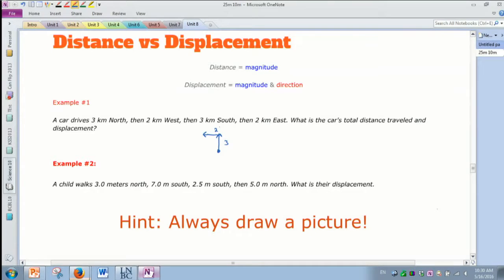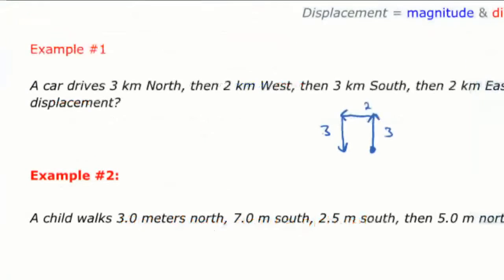And then I go 3 kilometers south, so I'm back to there, and then 2 kilometers east. What is the car's total distance traveled and the displacement? Whew. All right. Distance is how far I went.